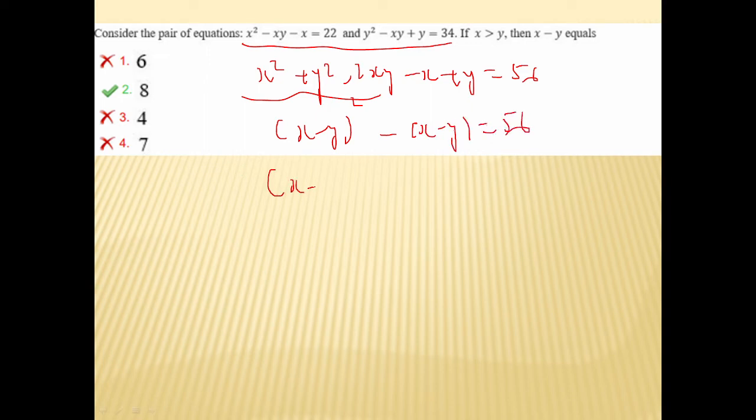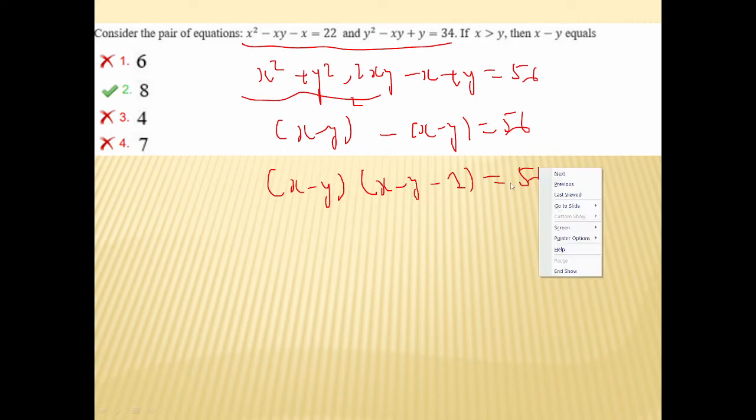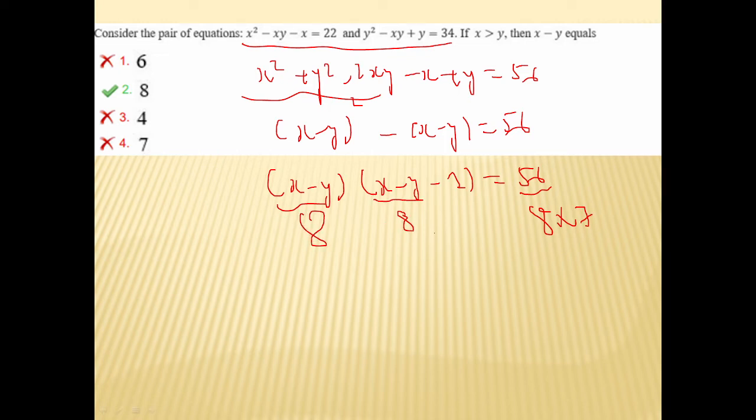Take x minus y common. What remains is x minus y minus 1 equals 56. 56 can be written as 8 into 7. You can plug in the options from here also. Easy it is. 8 into 7 is 56. It is the answer to this question. Super easy question. 20 seconds.